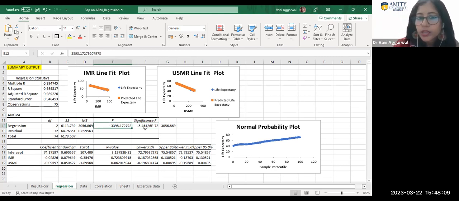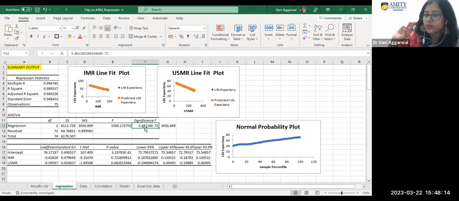If you know the rule of p-value, it has two ranges: less than 5% or greater than 5%. Why am I saying 5%? Because I have selected a confidence interval of 95.